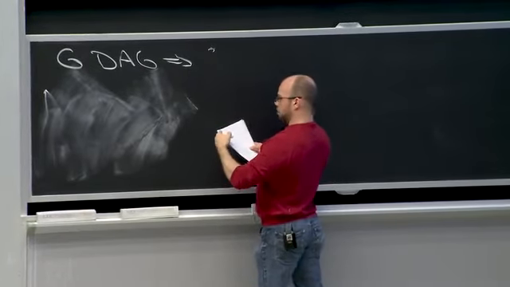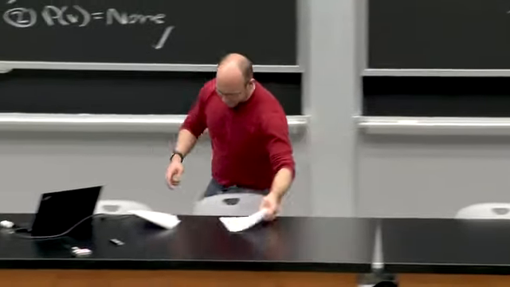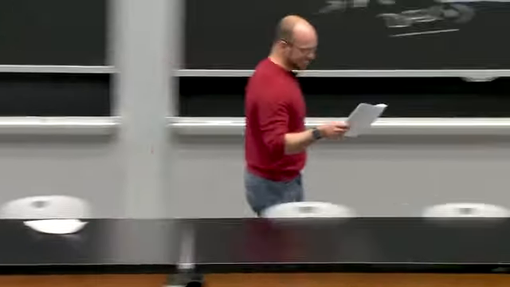Oops, my notes are backwards, so I should switch to Jason's notes, which of course are correct. Right. So if I have a graph that's a DAG, then the reverse of the finishing order is a topological order.